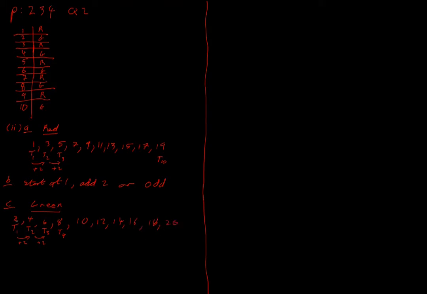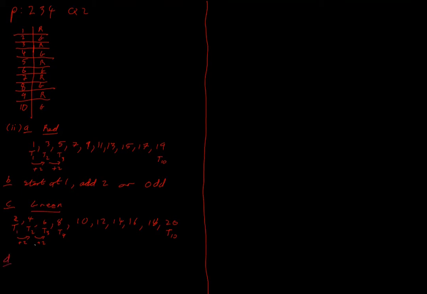And if we count up 1, 2, 3, 4, 5, 6, 7, 8, 9, 10, that's my 10th term. Now what can we see about these numbers before we are asked any questions? What can we see about that pattern? What can we spot? We can see that they're even numbers.